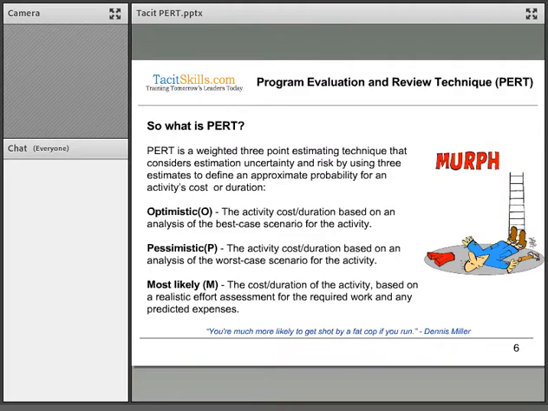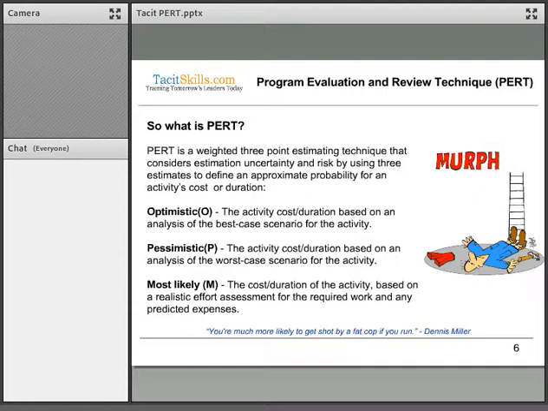So PERT, to come back to what PERT is all about, is a weighted 3-point estimating technique. It considers estimation uncertainty, and it also considers risk, and it uses 3 estimates to define an approximate probability for an activity's cost or duration. So it is definitely not a technique that only uses one estimate.